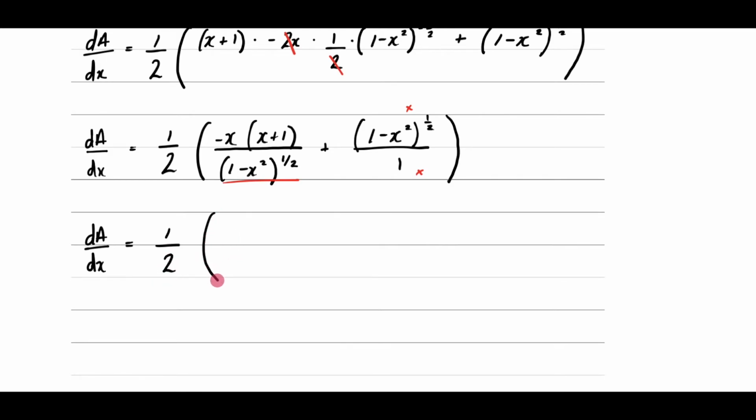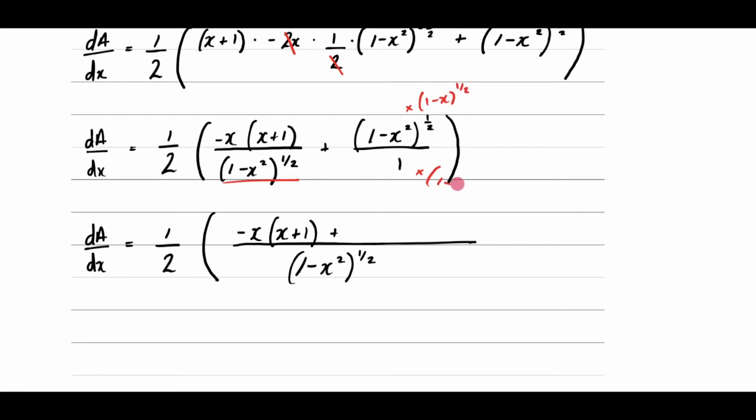It's going to be negative x plus 1 plus, now all of this is going to be over 1 minus x squared, 1 over 2, and this right here. So what I'm doing here is I'm timesing this by that, and I'm timesing this by that as well.